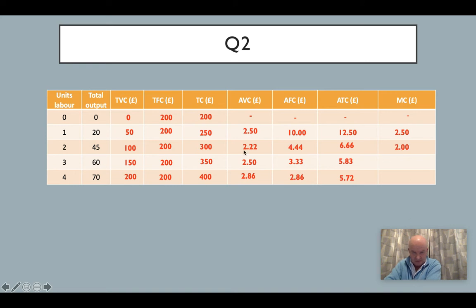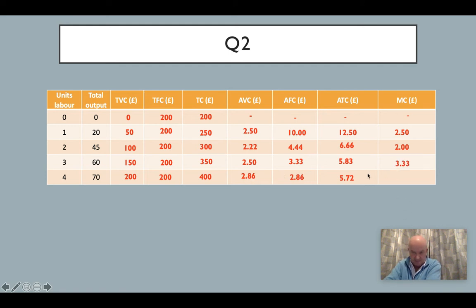In the second instance, where we've again got an increase in total cost of 50, but an increase in quantity of 25, then we're clearly going to take one figure and divide it by the other.